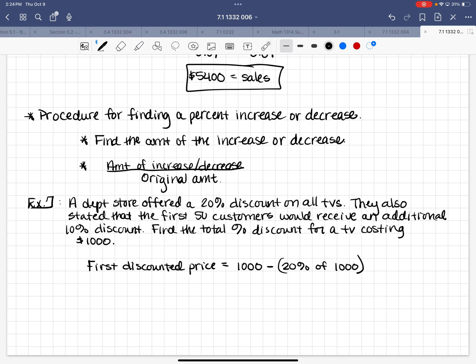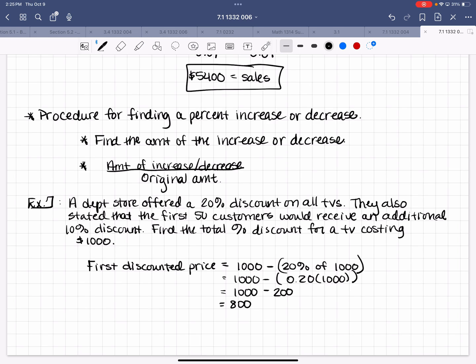Because the discount's going to be 20% of 1,000. And so we find the discount, we subtract that from the 1,000. So we got 1,000 minus 0.20 times 1,000. Okay? So I've got 1,000 minus 20% of 1,000, which is $200. So we're going to wind up taking off $200. That's the discount. And that discounted price is $800.